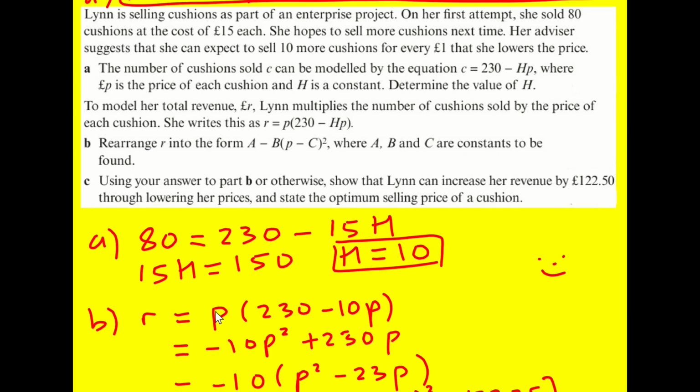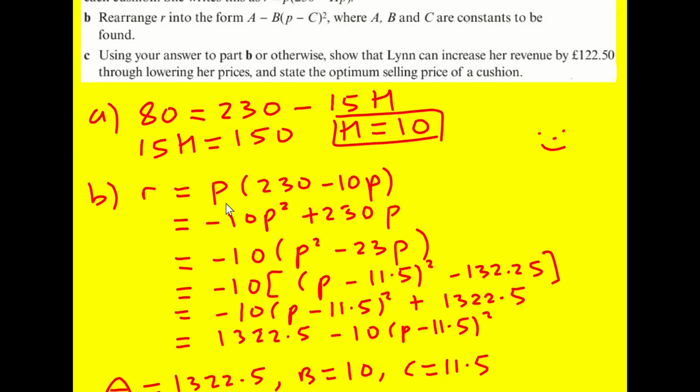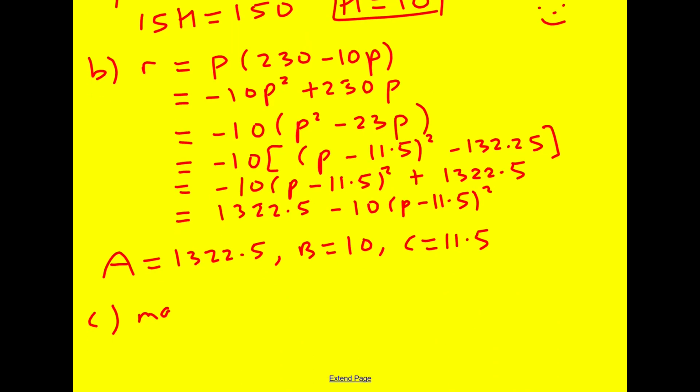I've forgotten, to be honest. Maximum revenue is going to equal 1322.5 when P equals 11.5.